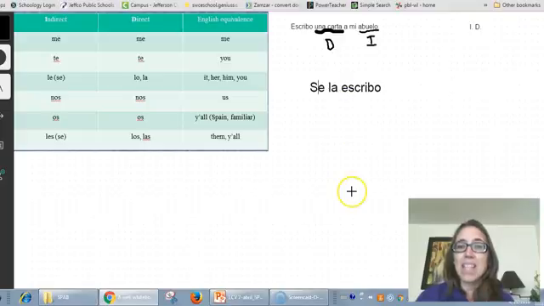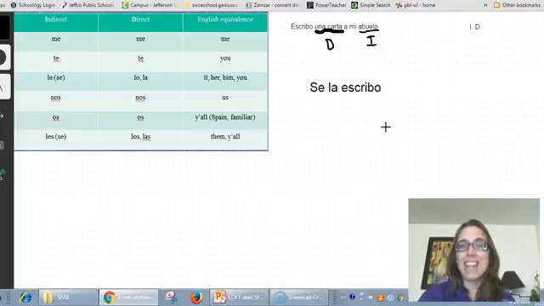So it becomes se la escribo. Now, instead of stating escribo una carta a mi abuelo, I write a letter to my grandfather, I now say, I write it for him, or to him. I write it to him.